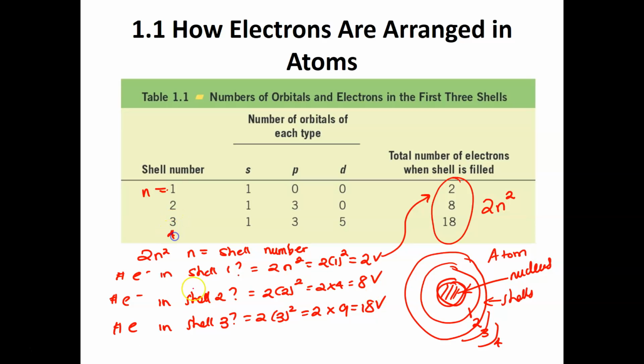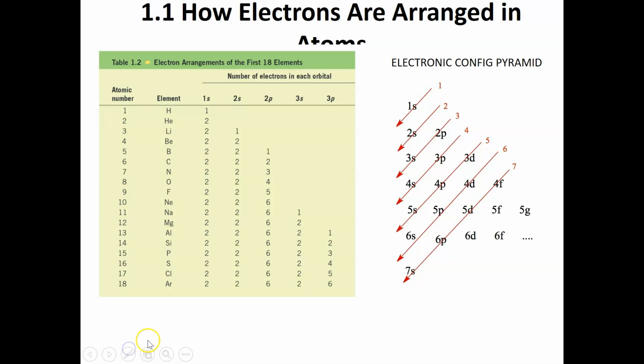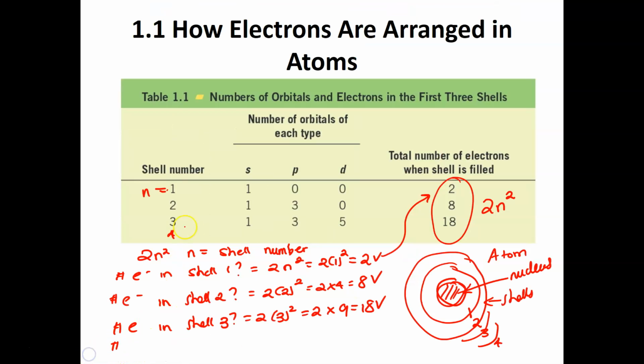So let's say we had shell 4. Number of electrons in shell 4 will be 2 times 4 squared, which is 2 times 16, which is 32.